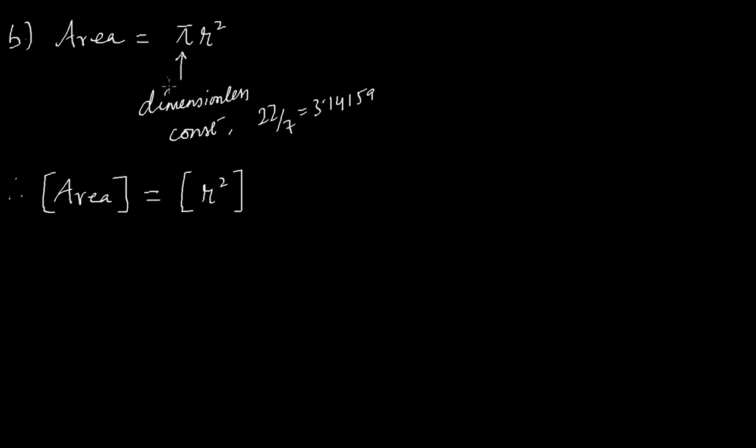We put only r square inside of the square bracket. Now why don't we put pi inside? Because this is a dimensionless constant, and I told you already that once you put the square bracket, it means we are talking about the dimensions, right? We are speaking dimensionally. Okay, we are writing the dimensional formula. So we don't have to put any object or anything which is dimensionless.